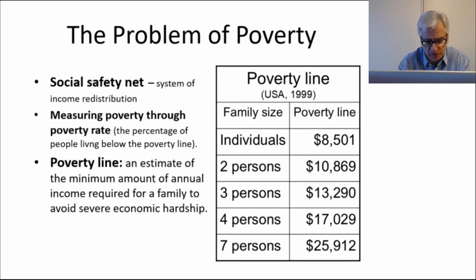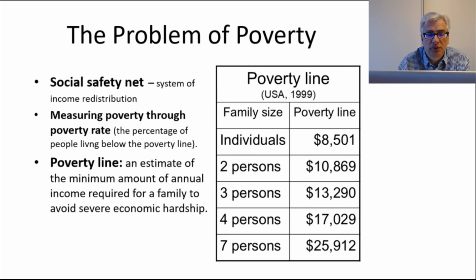Look here at this definition: an estimate of the minimum amount of annual income required for a family to avoid severe economic hardship. The clue here is avoiding severe economic hardship, and the question is, what does that really mean? Obviously that means different things in different countries, in different societies. In some African countries, that would mean something different than in Norway, let's say.